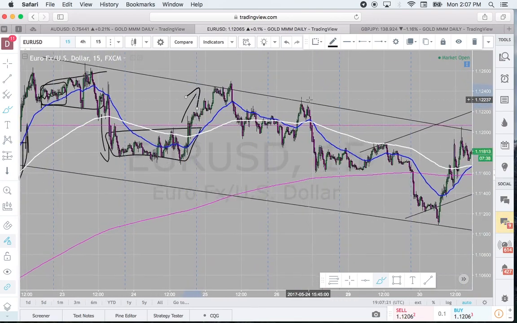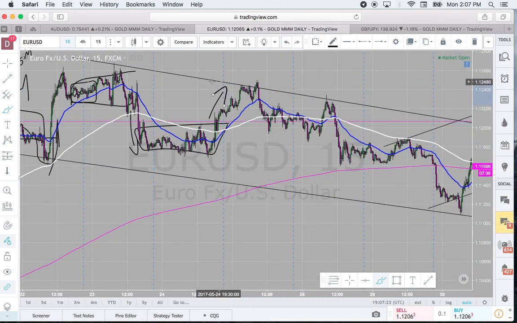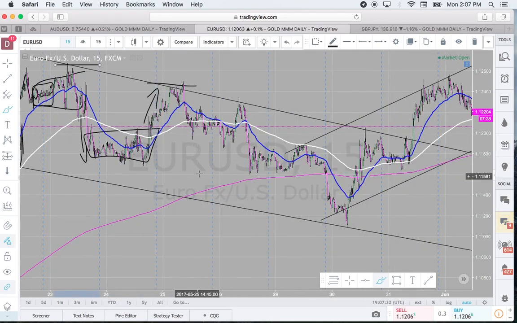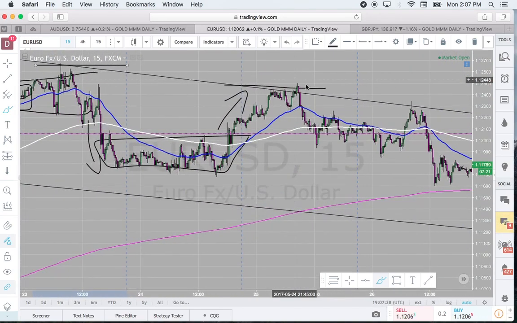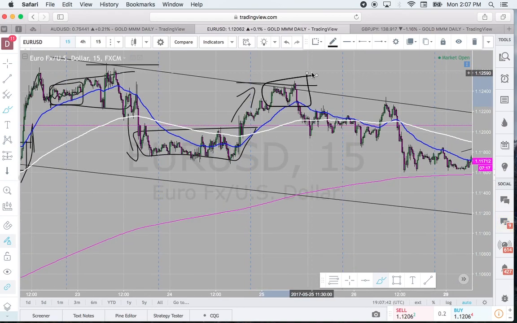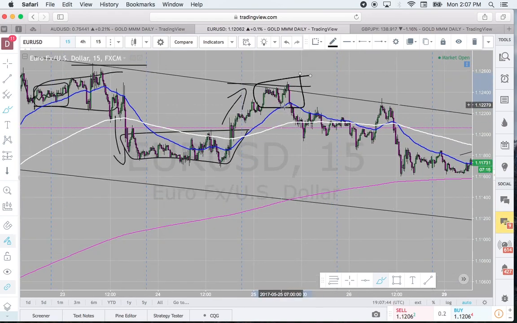The dealer does not break the high of the previous day because he is going to create the illusion of a downtrend. So he will create a lower high, trapping liquidity here, then move down, shift the zone downwards, and trap here.